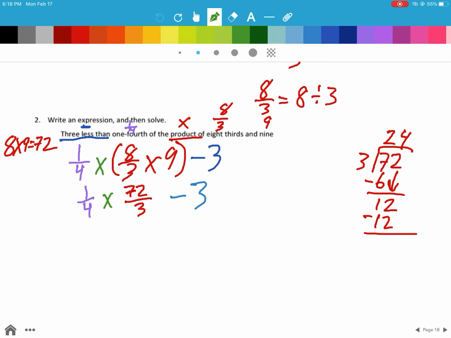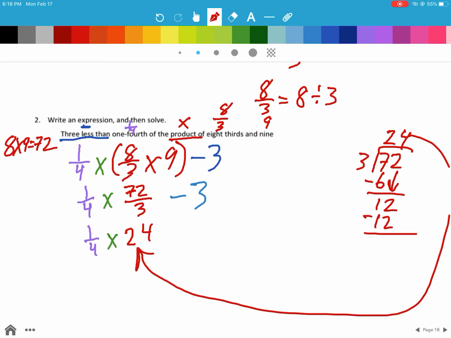All right, so now we have 1/4 of 24, getting the 24 from here. And then we're going to subtract that 3 again.